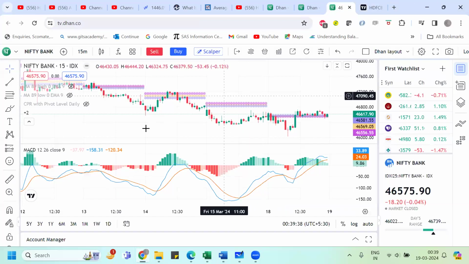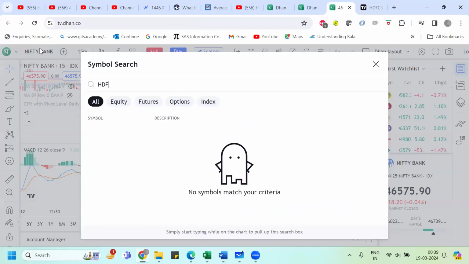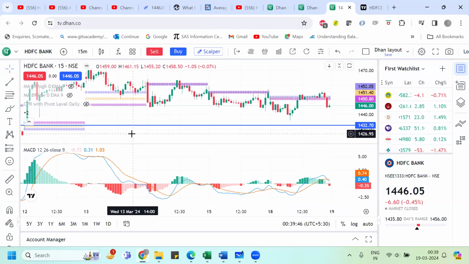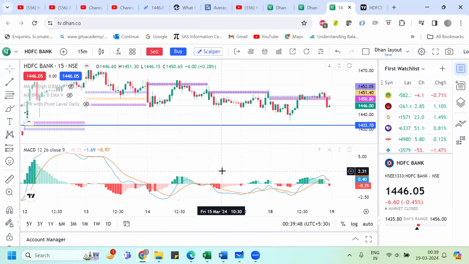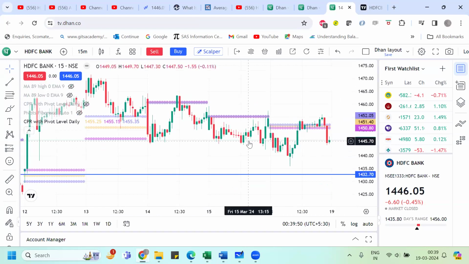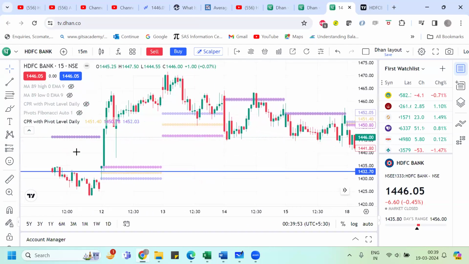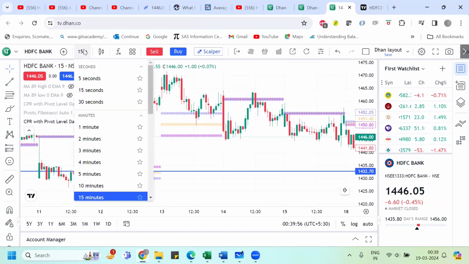If I observe HDFC Bank here, you can see certain days where you have sideway momentum here.